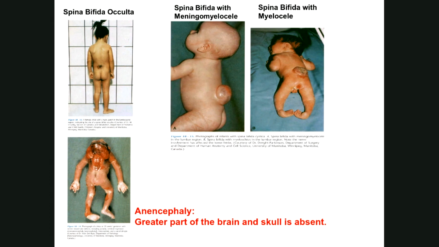It is usually detected by a blood sample from the mother, and alpha fetoprotein is the protein which we can assess to find out such anomalies. Any anomalies of the nervous system can be easily detected by estimating the level of alpha fetoprotein in the maternal blood. You take the mother's blood and test it for alpha fetoprotein.